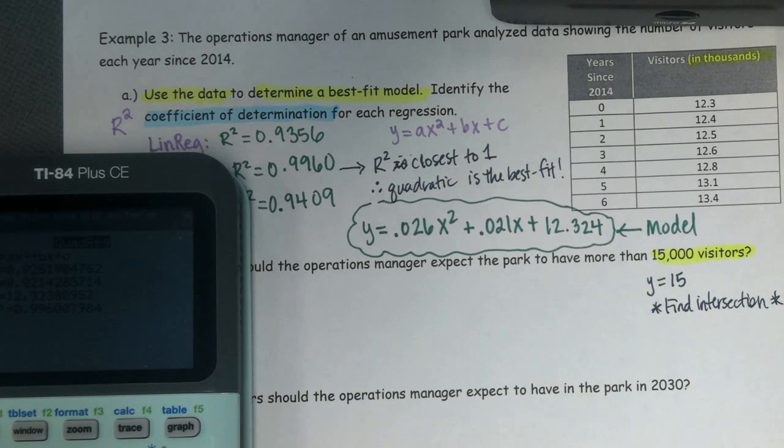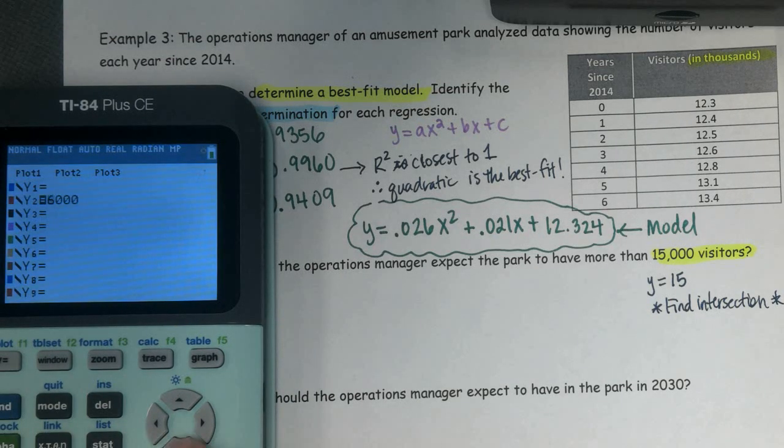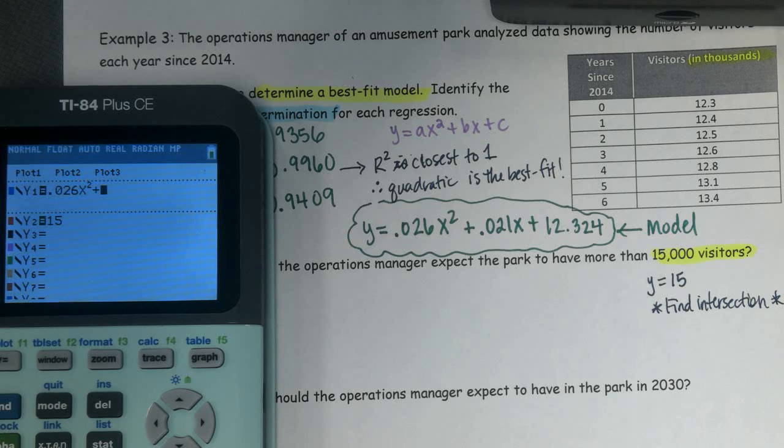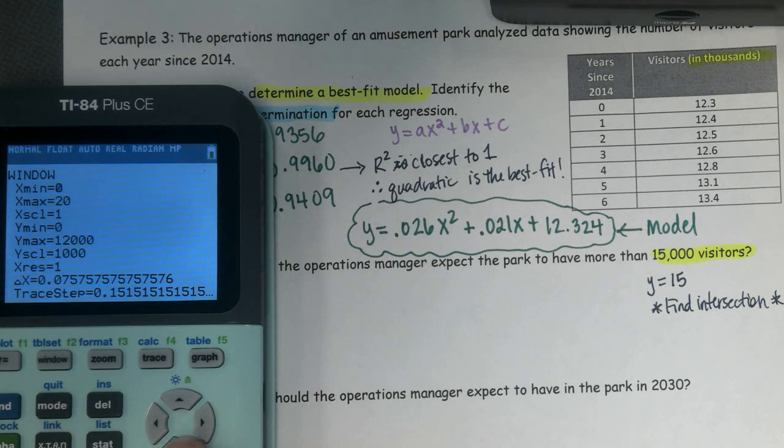Okay, so we're going to put our quadratic model into our y equals. And we're also going to put in 15. And then again, think about what you want your scale to be. Okay, so on my window, I can go in here.